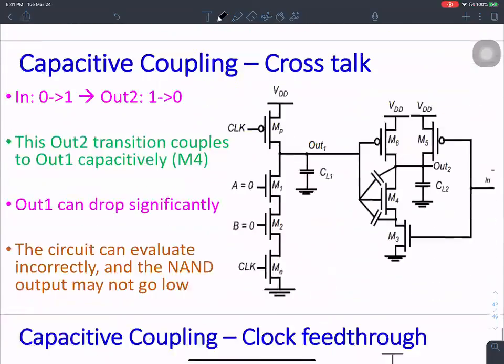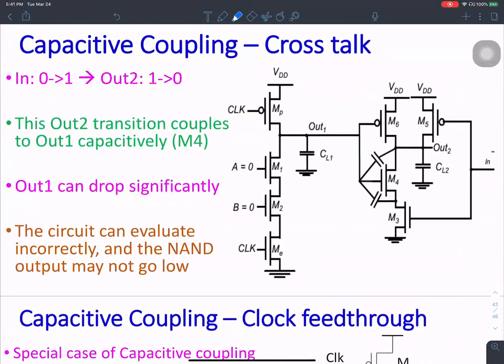The load capacitance over here leads to a lot of problems. We rely on this capacitance holding the value at VDD, but there are some leakage mechanisms, there is some charge sharing, and there's also a lot of crosstalk.